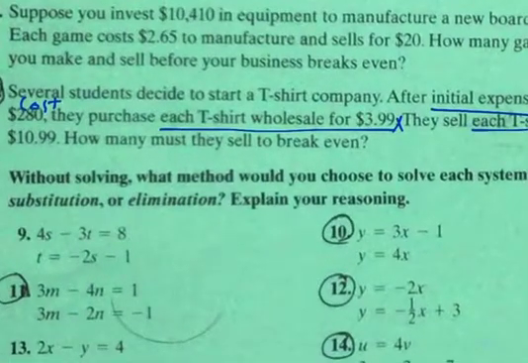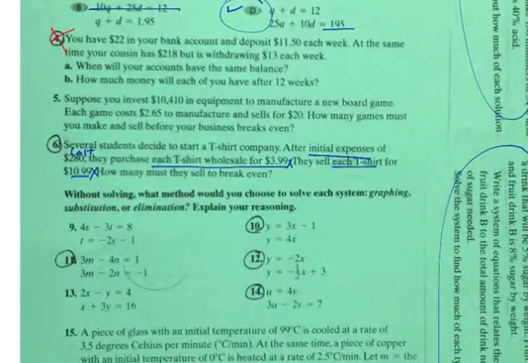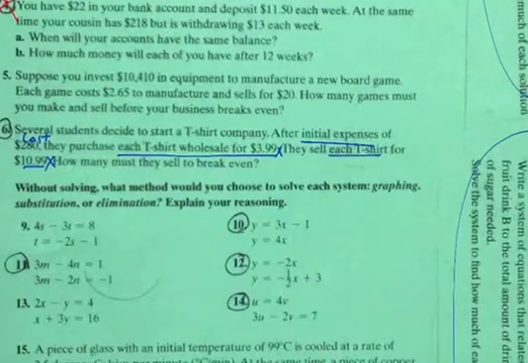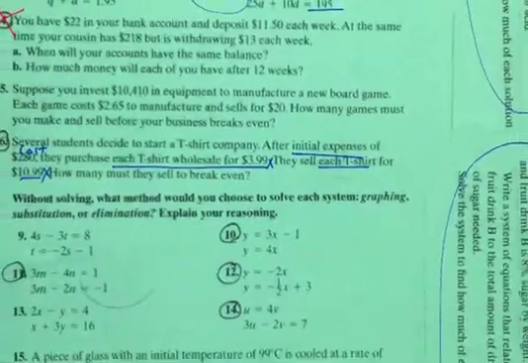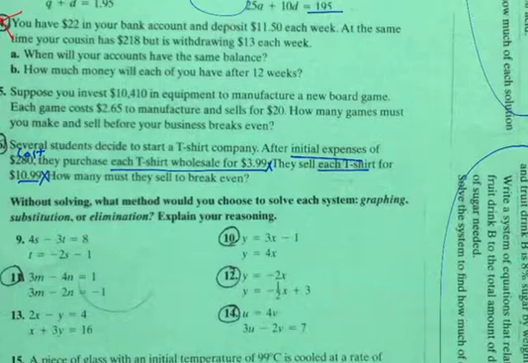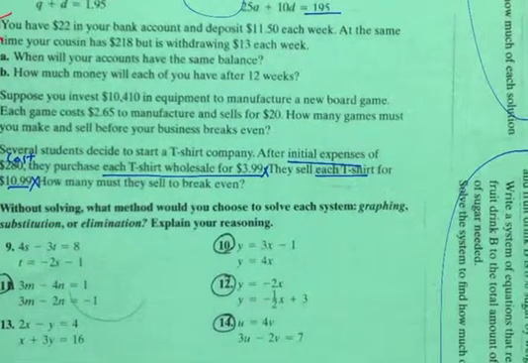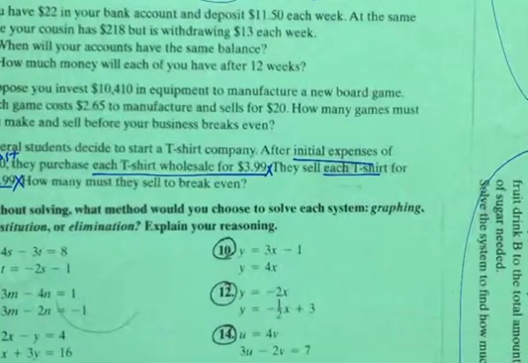They're going to sell each t-shirt for $10.99, so 10.99x there. How many must they sell to break even? They just want to find out how many they have to sell to break even. So let's set them up and then find it. The cost is $280, the initial expense.